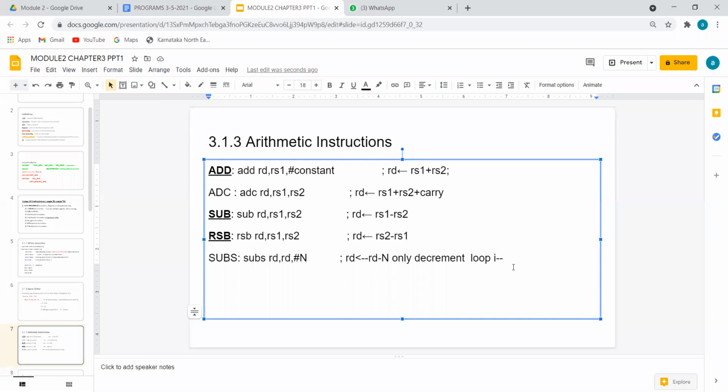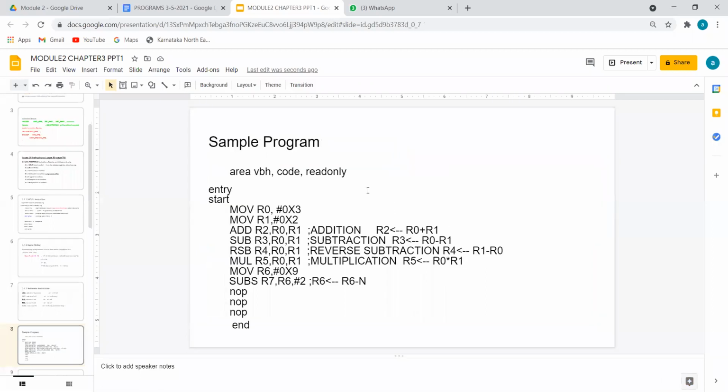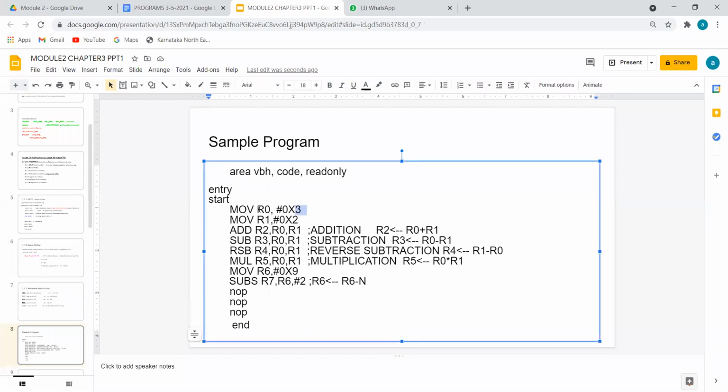In such cases we are using it. Okay, then some of the programs I have shown: hexadecimal 3 in R2, hexadecimal 2 in R1, addition of both gives a result of 5, then 3 minus 2 gives 1. Reverse subtraction, 2 minus 3, is a negative number, hence it will be stored in 2's complement form, like we have seen in the last class.